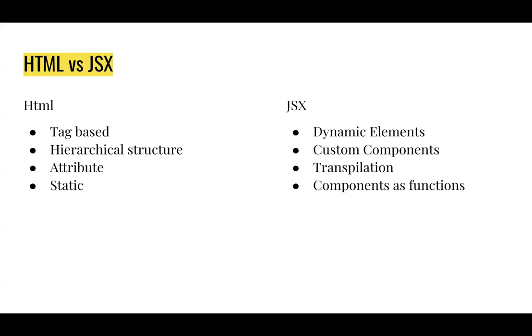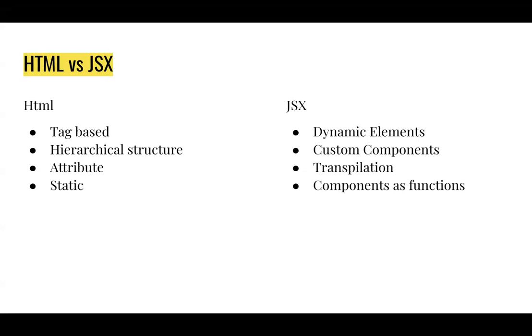Now, on the other hand, if you look at JSX, which is essentially an extension of regular JavaScript rather than a separate language, it's primarily used in React, a popular JavaScript library for building user interfaces.